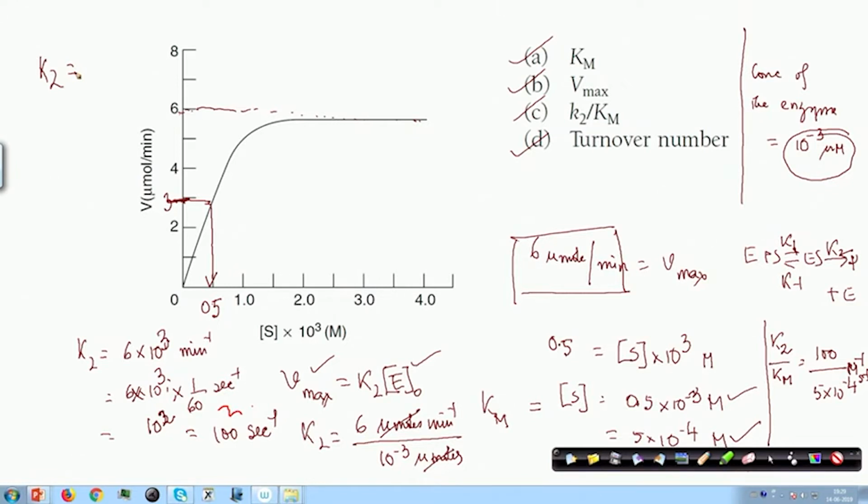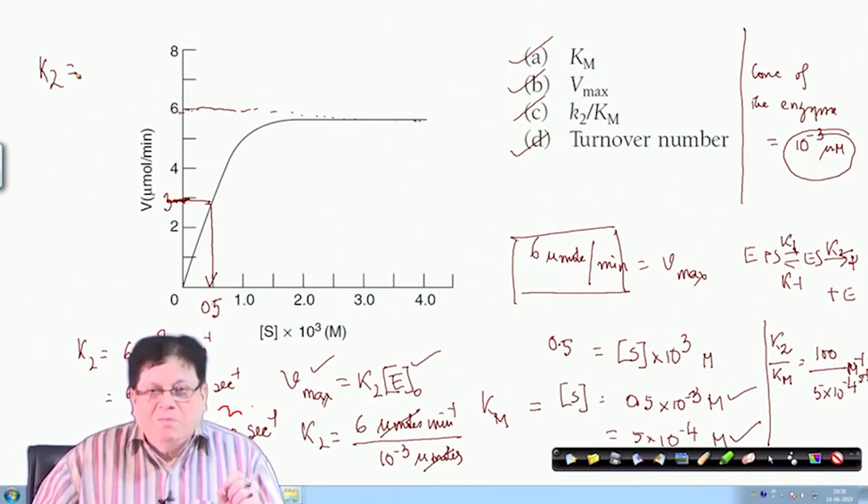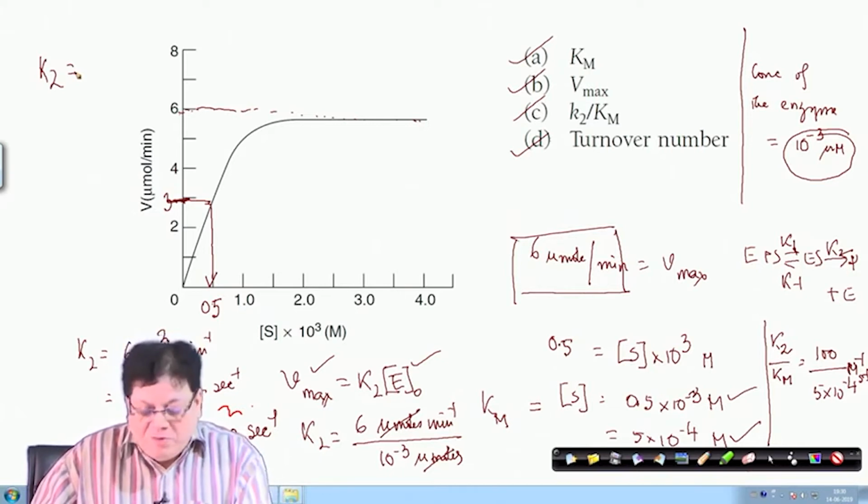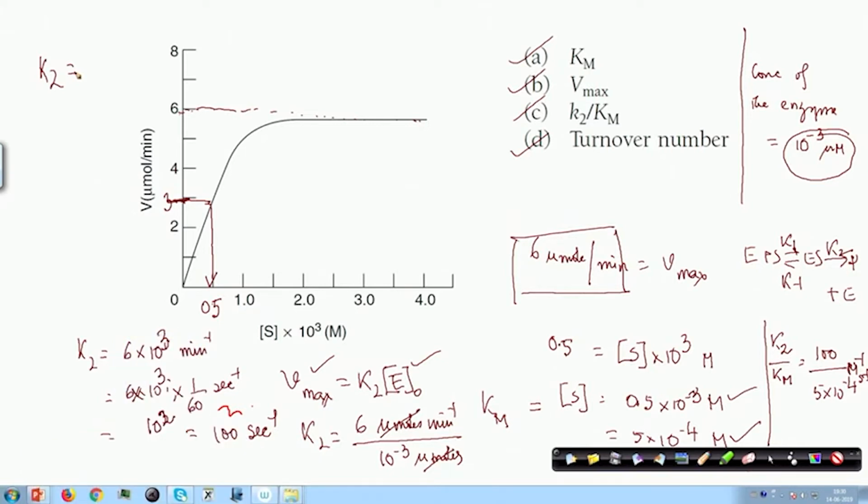Turnover number is the number of substrate molecules which are turned over into the products by each single enzyme molecule per unit time, it could be per second or per minute. So, whatever K2 you have here, that is equal to the turnover number, TON. So, that will be again 100 second inverse.